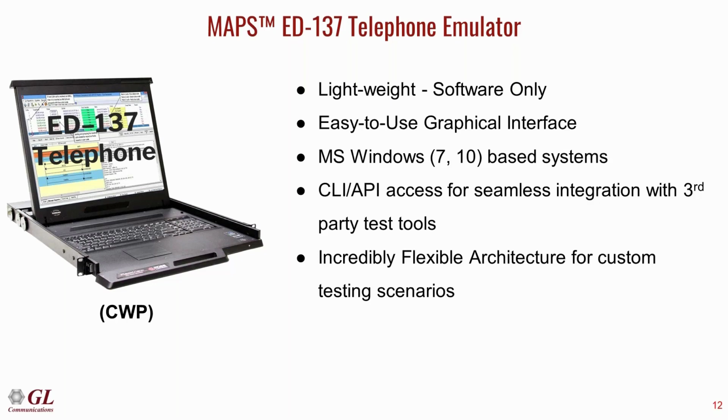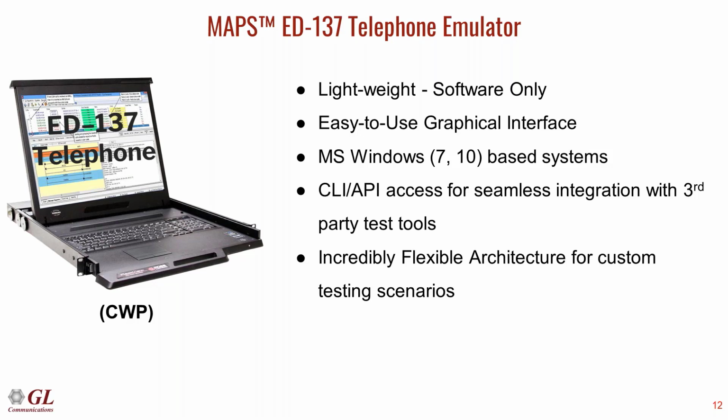The ED137 telephone emulator is just like the ED137 radio and CWP emulators in that it is software only, and we can supply it as software that you can install on a notebook PC. All the easy-to-use features associated with the radio emulator and radio CWP emulator come with the ED137 telephone emulator.